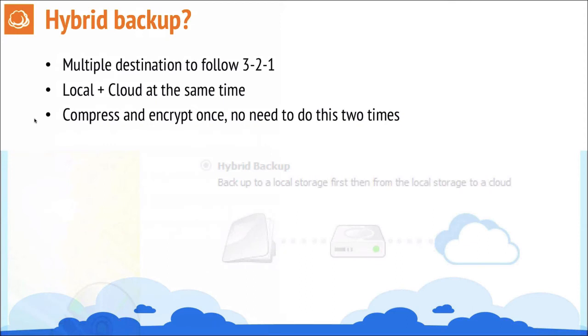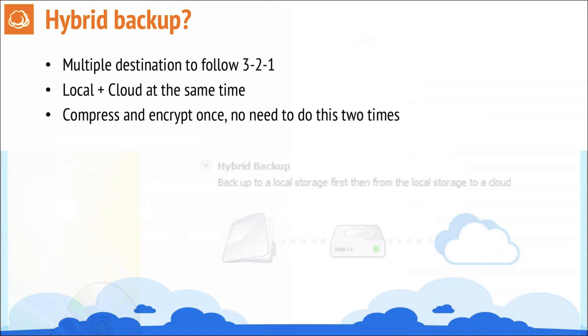So just a little bit about hybrid backup. I already mentioned it. It's great to follow the 3-2-1 rule, when we have 3 copies of our backup in 2 different destinations with at least one offsite. So this is where hybrid backup is a really good fit, and it's available since 5.6.